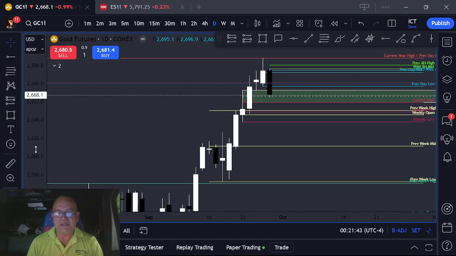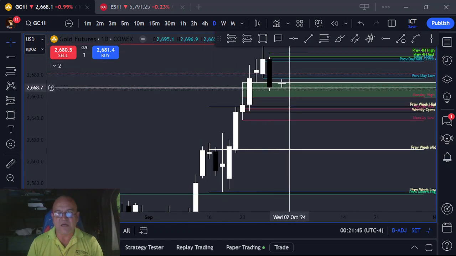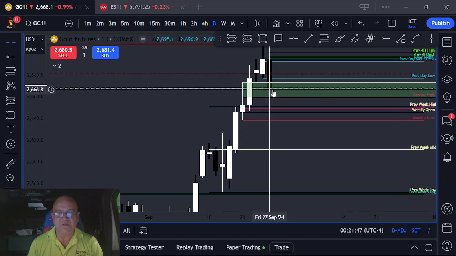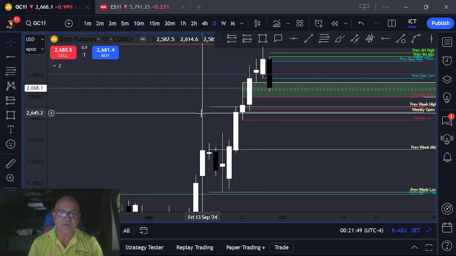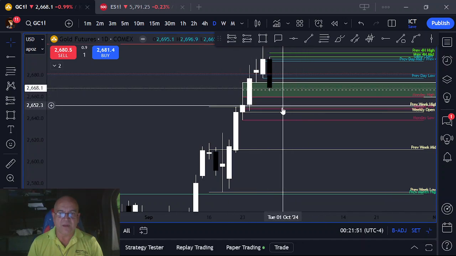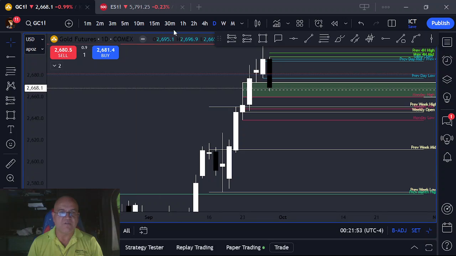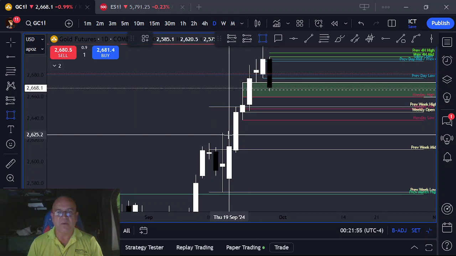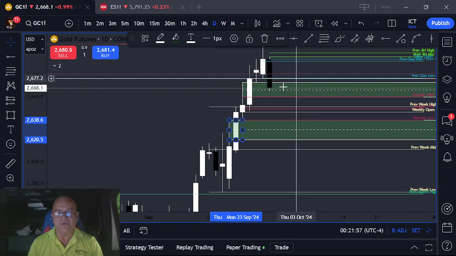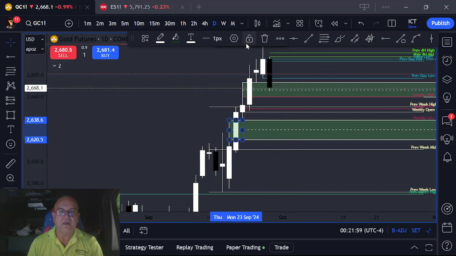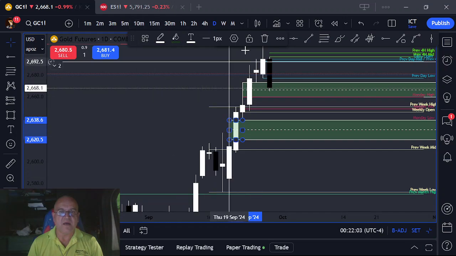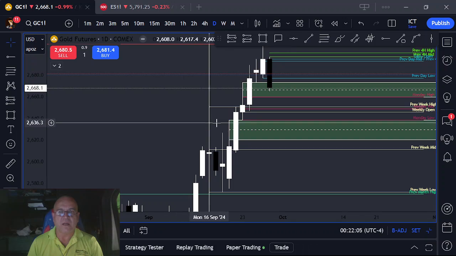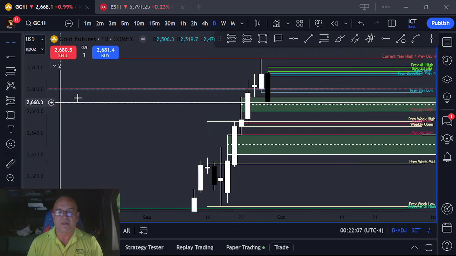So we'll need to see what the overnight session on Sunday gives us into Monday morning open. After that, we have this fair value gap here, and I will mark that one out in case we just blow through this one on Monday. That's a daily fair value gap. Lock it in. All right.